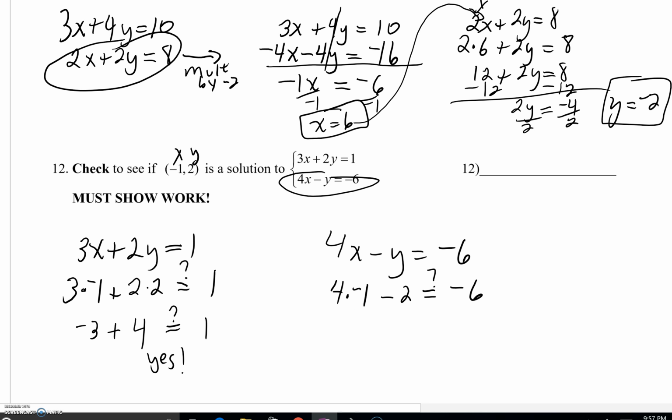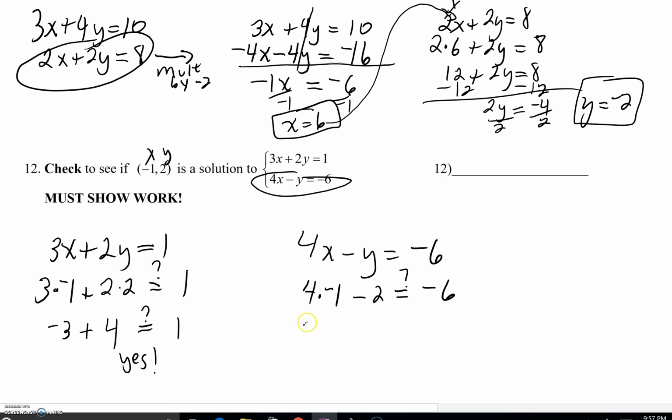You'll get -4 minus 2. Is that really equal to -6? Yes. So because you get both equations having agreement on the left side and the right side when you plug in your point, you actually have a solution. As soon as one of these equations would be false, the answer would be no solution.